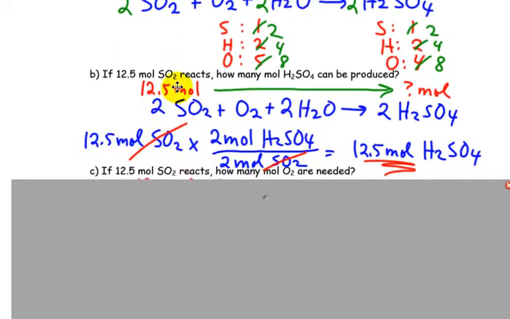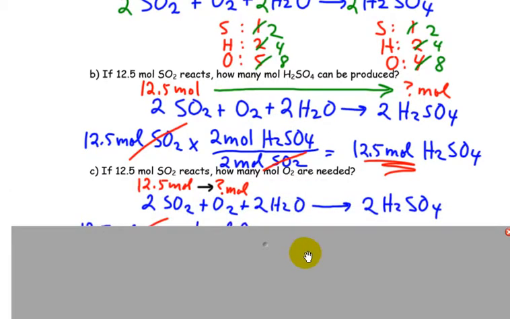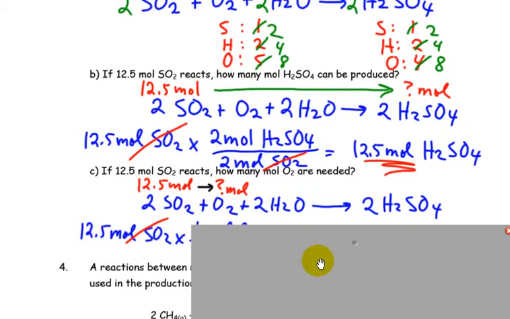Next, once again, we have 12.5 moles of SO2, but how much O2 do I need to react? So this time we're converting it into moles of O2, once again by using the balanced chemical equation.